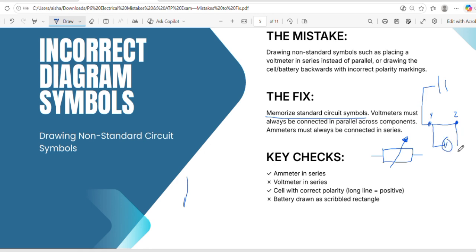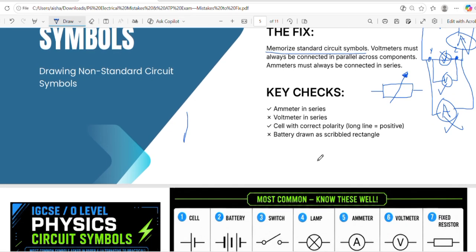You don't connect the voltmeter like this, you have to connect it like this. Then for current, you have to connect it in series, so the ammeter will be like this, it will not be like this, because current is always in series, so this will be wrong, this will be correct. Okay, so these are some of the examples.